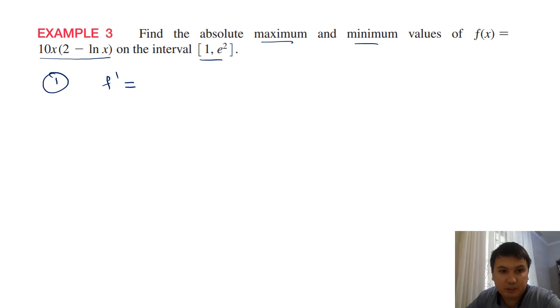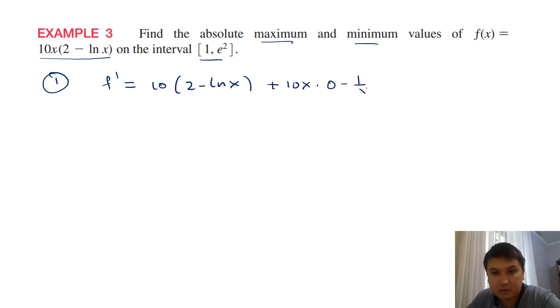Again, the first step, take the derivative. What is the derivative? This is the product rule. The derivative of 10x is 10, times (2 − ln x), plus 10x itself times the derivative of 2 − ln x, which is 0 − 1/x. So this gives me 20 − 10 ln x, and here x is cancelled, I get −10, right?